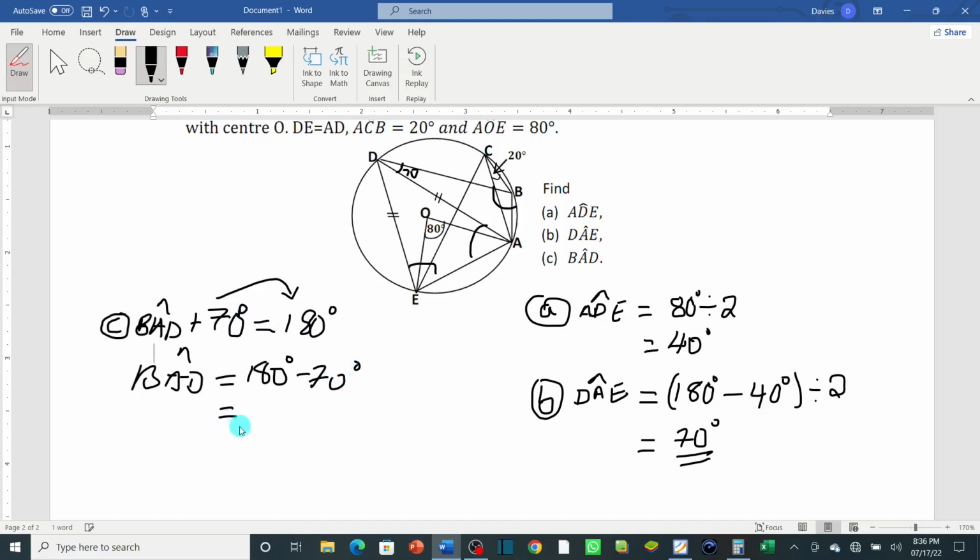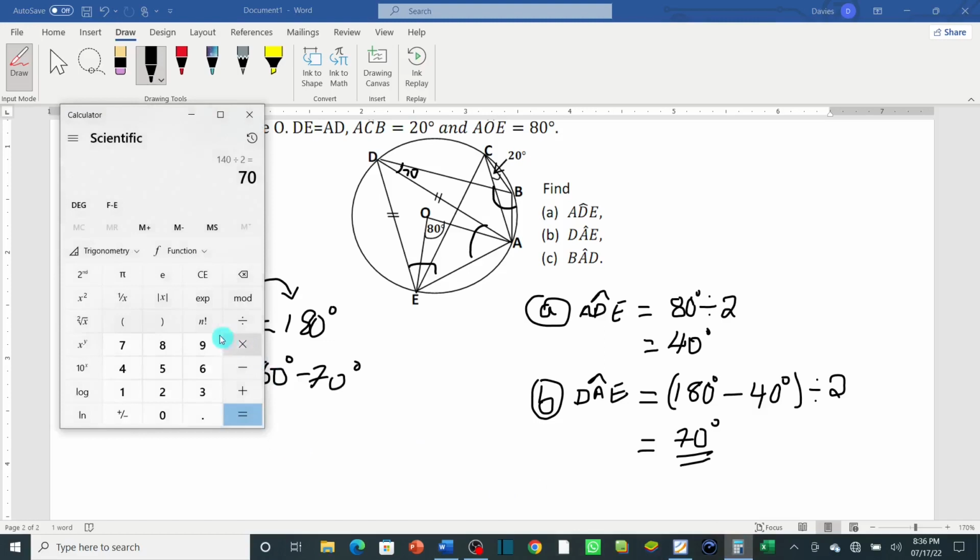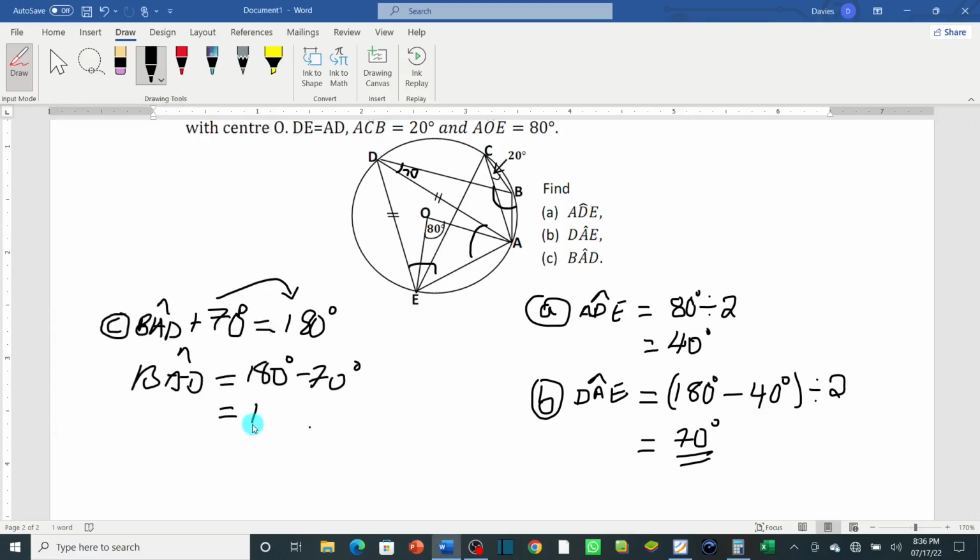So again, you get your calculator, you say 180 minus 70, which will give you 110. So it means that this angle here now is 110. You are done. So today we are done with this.